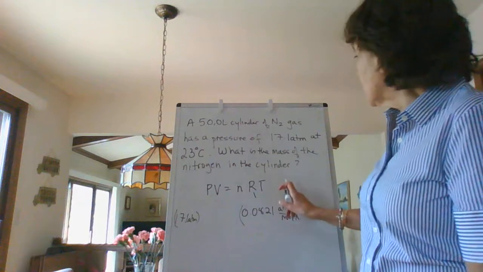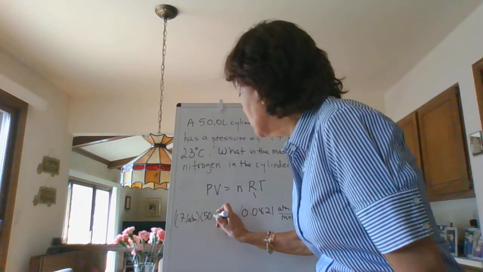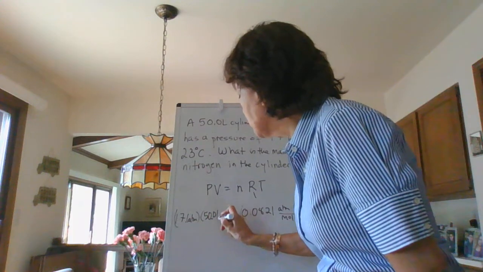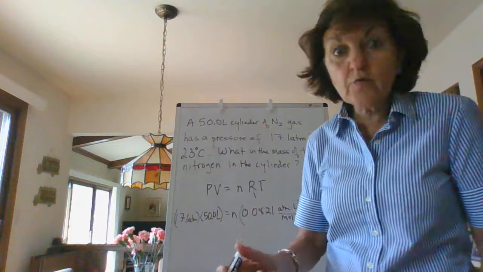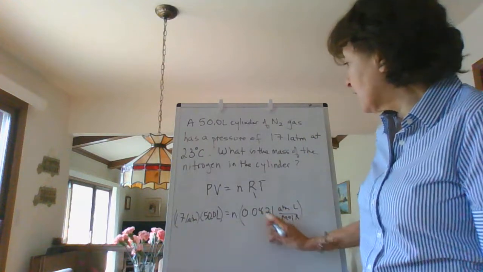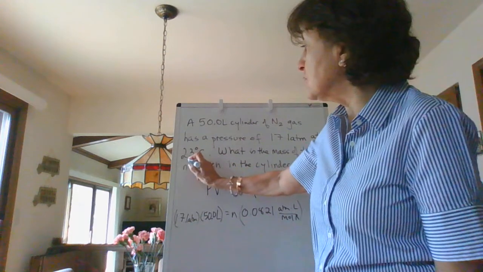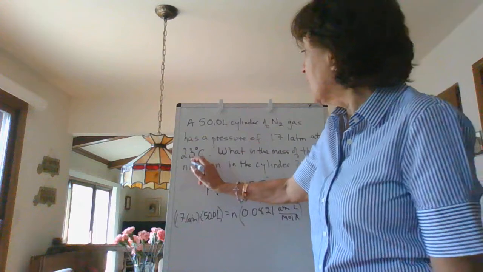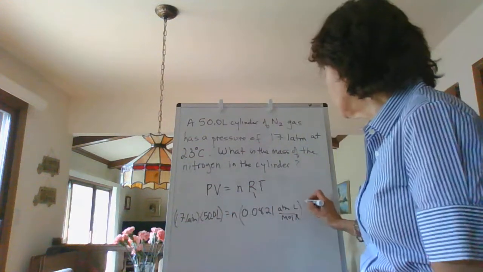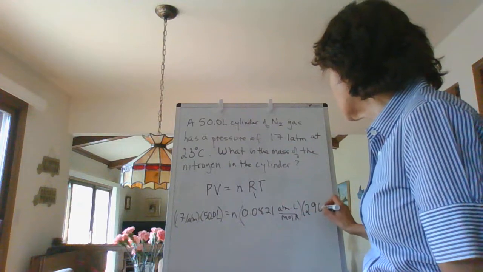They gave us the volume in liters, so we'll write 50.0 liters. n is our unknown. That's what we don't know. We have our R. Our temperature is in Celsius, so we have to add 273 to this in order to convert it to Kelvin, and that would be 296 Kelvin.